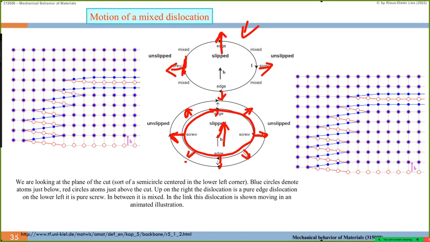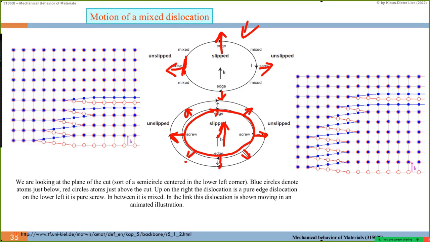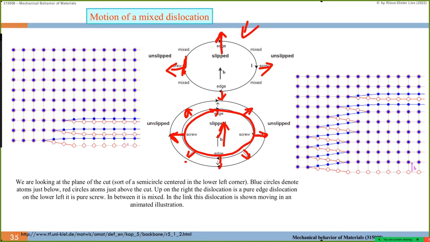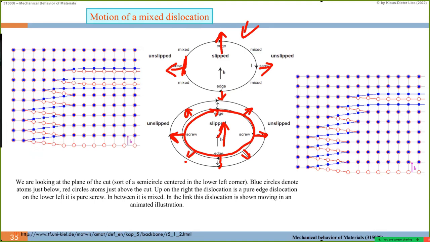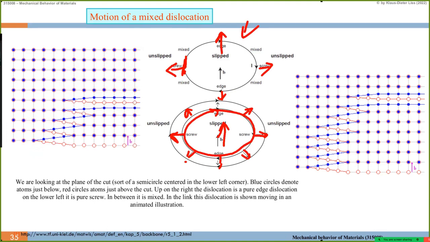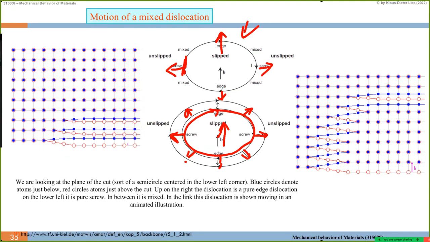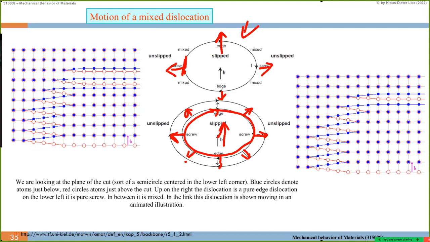We see that slip process also in the cartoon movie to the left. We start with a dislocation and move it down, and you see where the blue atoms go and where the red atoms of the layer above go.